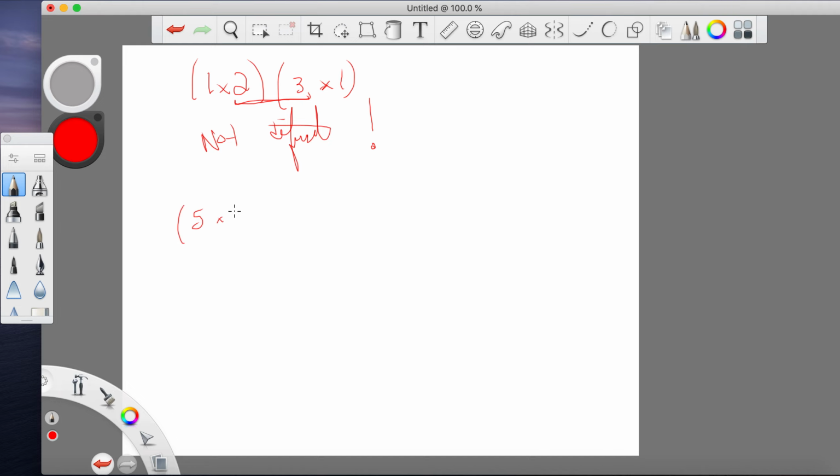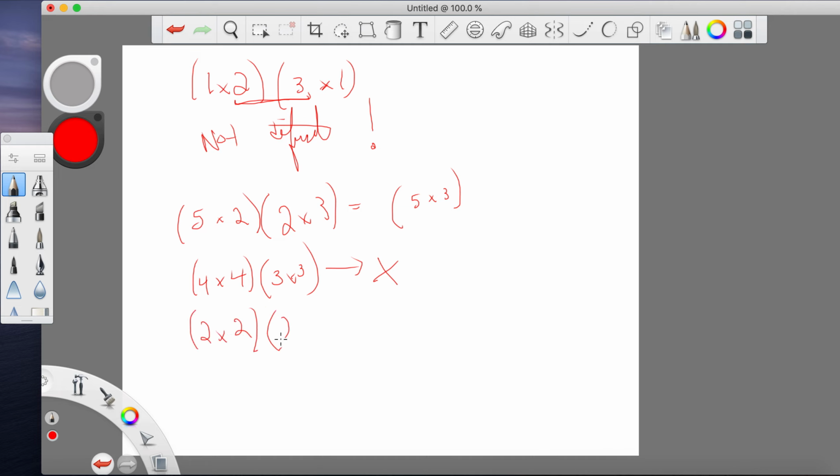If you have 5 and 2 and 2 and 3, this is going to give us 5 and 3, right? And then 4 and 4 and 3 and 3, right? This is not going to work. And if you had 2 and 2 and 2 and 4, these match. So you take the outside part, and that's going to be 2 and 4. Okay, it's just a coincidence that the shape of this is the shape of that. It doesn't have to be that way.